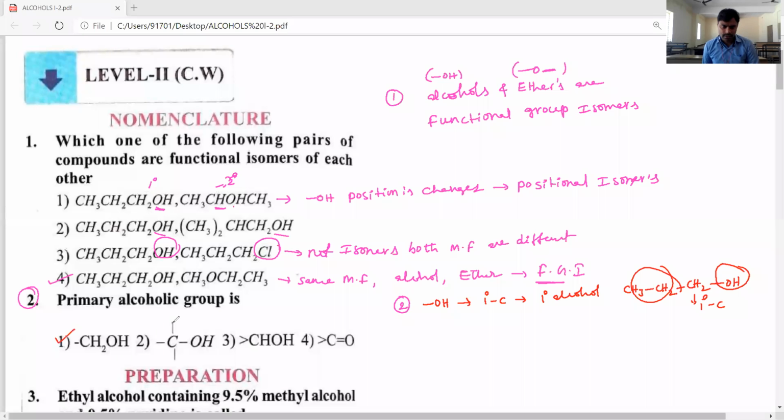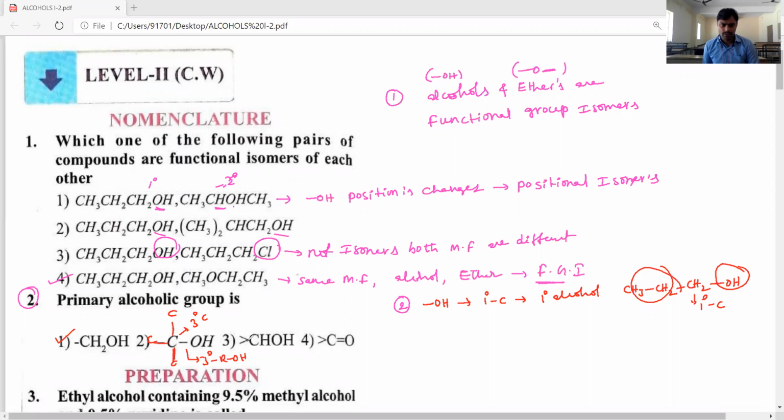Let's see the second option. The carbon with the OH group is connected with 3 carbon atoms, so it is a tertiary carbon. That's why the OH group is attached to a tertiary carbon, meaning it is a tertiary alcohol.